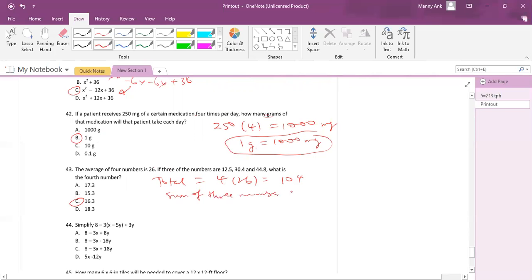So if you sum up the three numbers, you have 12.5 plus 30.4 plus 44.8. So that gives us 87.7. So the fourth number, you have to subtract.